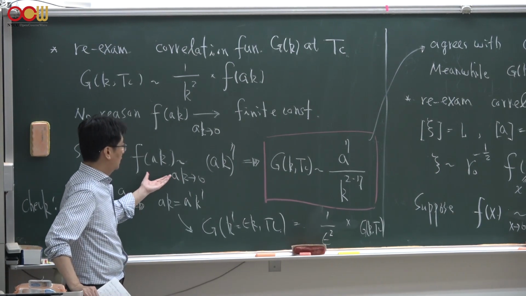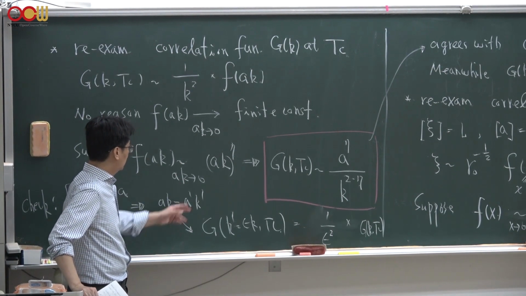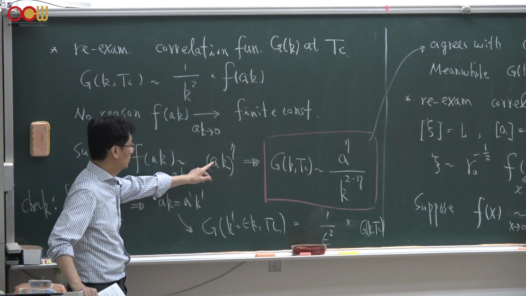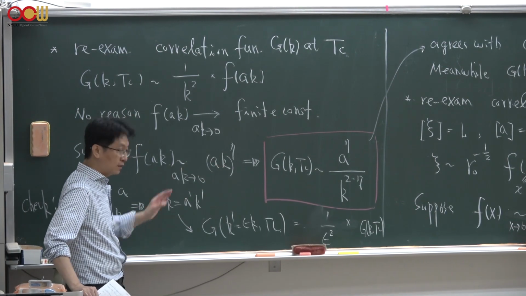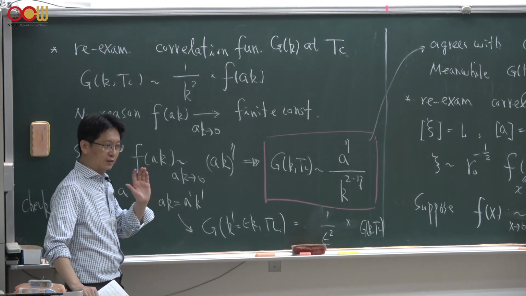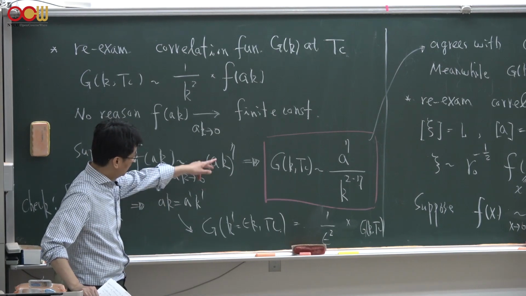Suppose this behaves as a power law vanishing function, proportional to the product a times k to the power of eta, and eta is exactly the anomalous exponent that we just mentioned a few minutes ago.